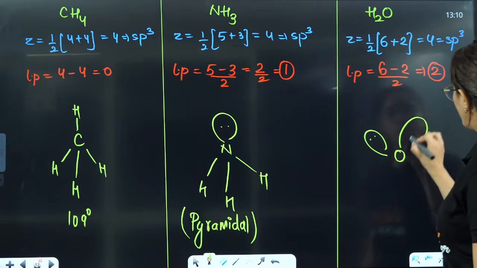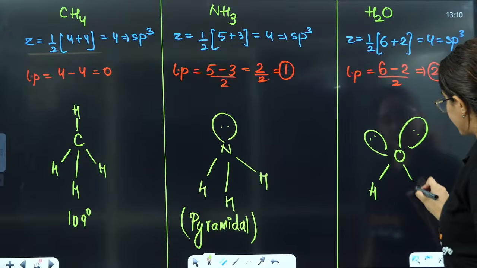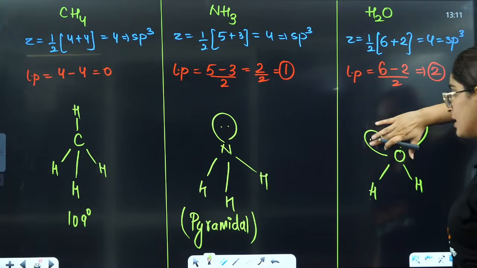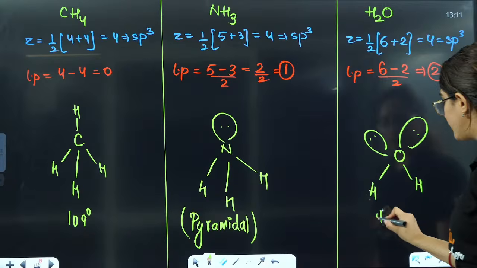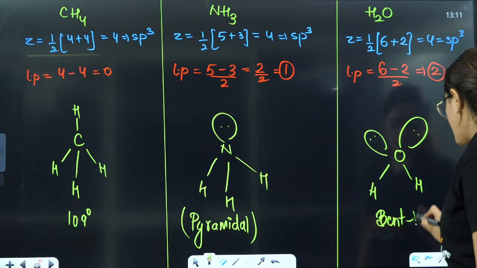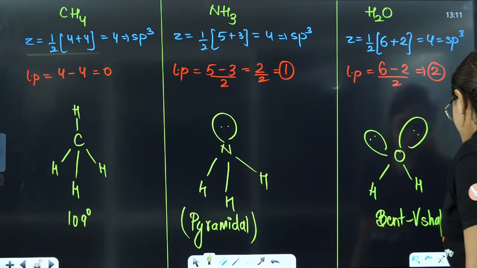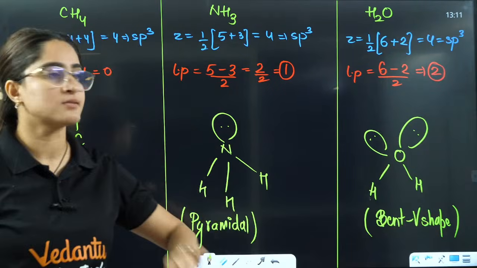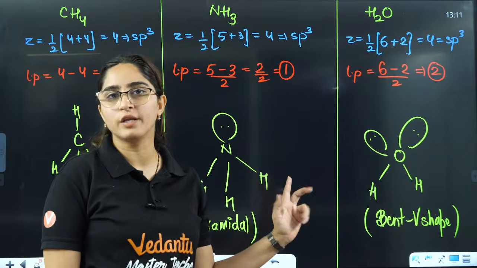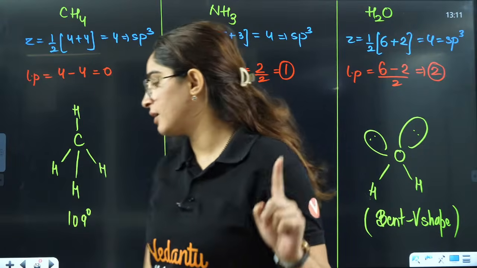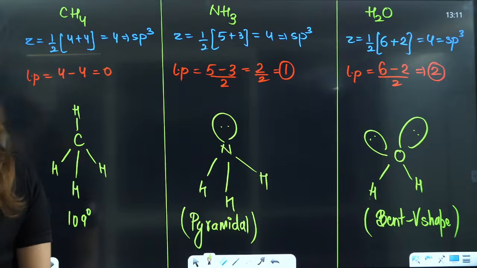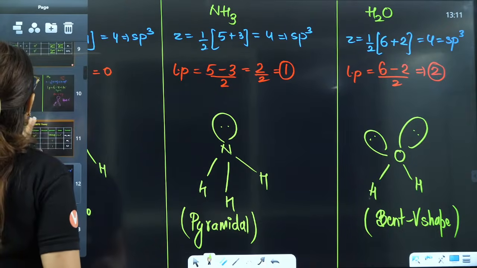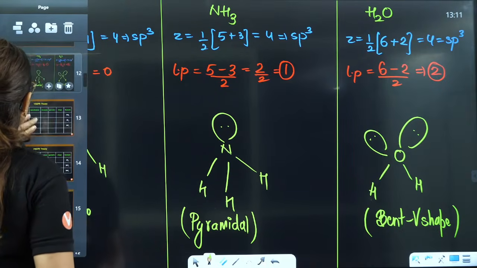This is 2 lone pairs. This is H. This is H. Just ignore this. You will see a bent V shape here. Geometry is tetrahedral in all these 3 cases. Hybridization is sp3 only, but shapes are different. Okay? Done. Chalo, now let's talk about the next one.